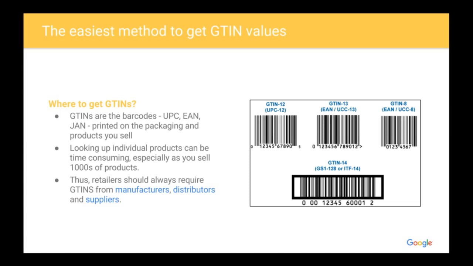GTINs are also used in many warehouse management systems to identify and manage inventory, and these can often be exported in bulk, so you may want to work with your manufacturer and supplier to export these. It is very important to note that you should not make up a placeholder for GTINs or use the same one for multiple different products, because our system will detect this and we will disapprove your offers, which we don't want.